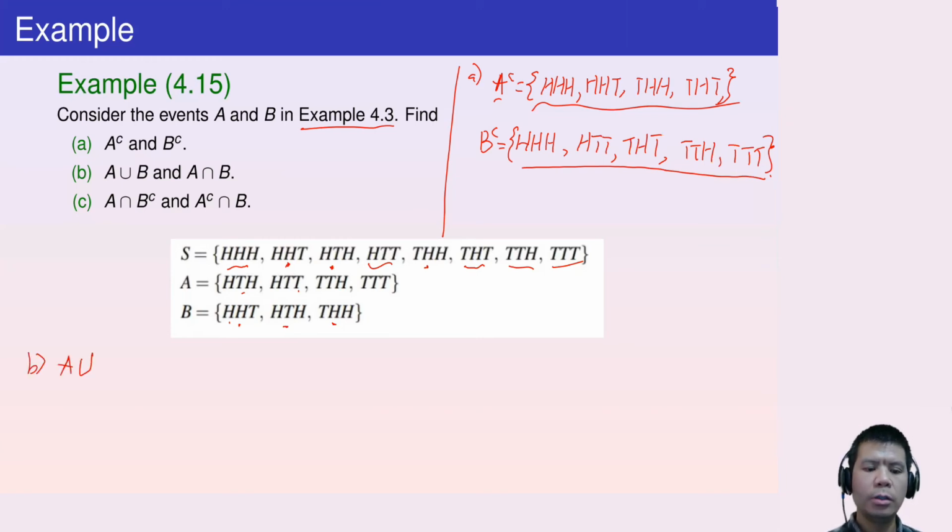A union B. Okay, now as we know, what is the union? The union is the set consisting of all the outcomes that are either in A or B or both. Now one thing you want to realize is that these are the outcomes that are only in A, right? So we are going to include these three first.